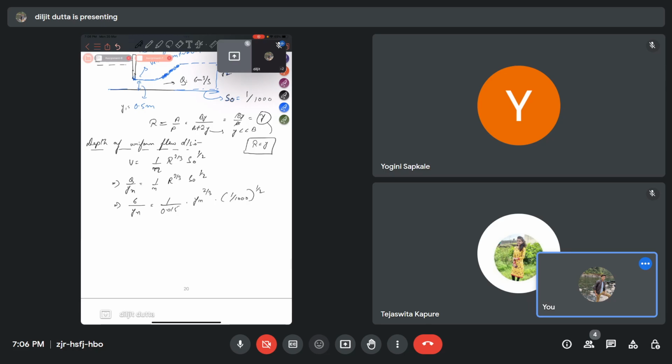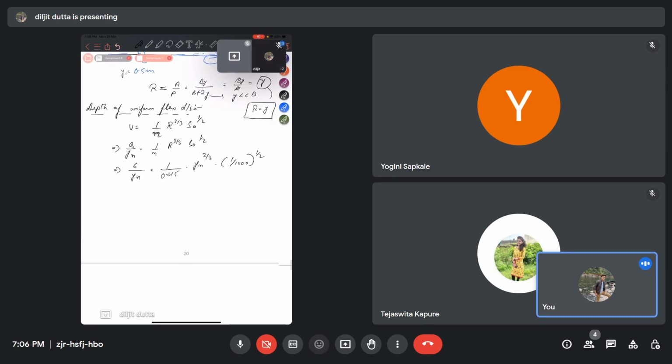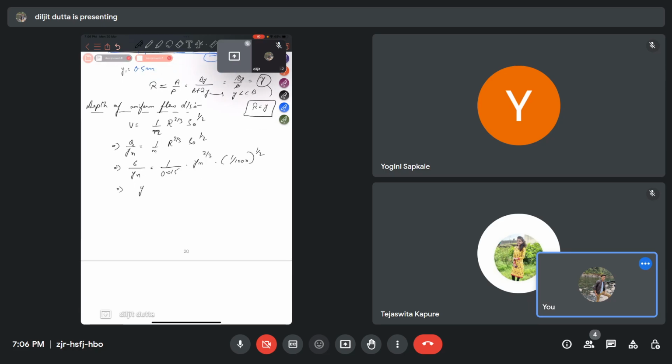If we solve this, we will get yn equal to 1.873. I am not going into the numerical calculations, you can do that. I am just showing how to approach this problem. So we have obtained yn is approximately 1.873 meter.